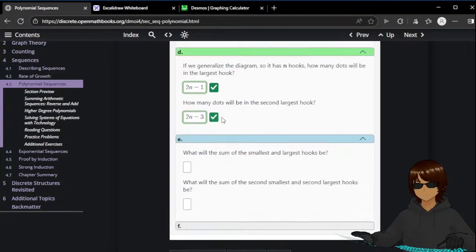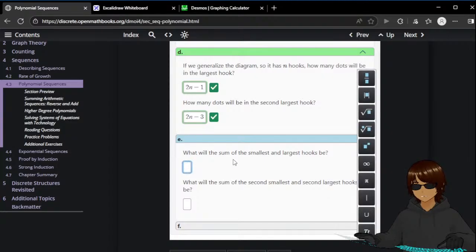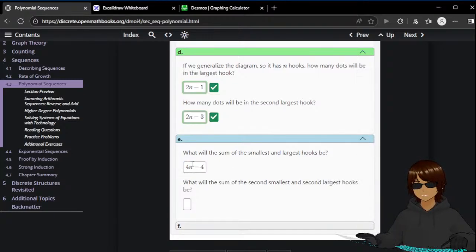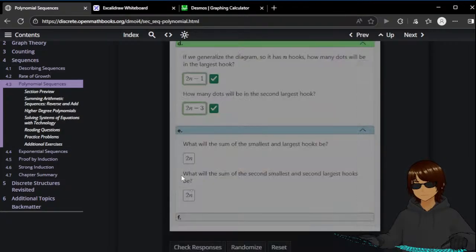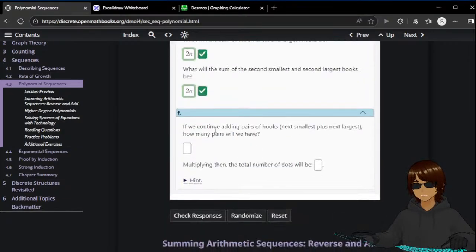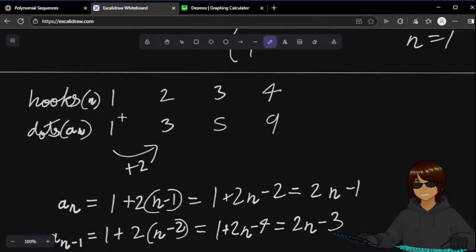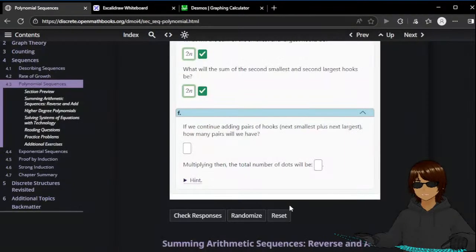So this plus this, 4n minus 4. Wait, sum of the smallest and largest hook. Smallest has a 1. Would be 2n, right? And then same thing here. It's an arithmetic sequence, so first and last should be same.